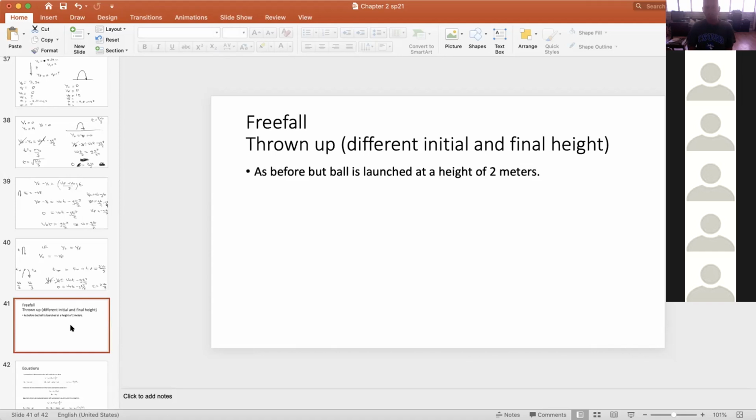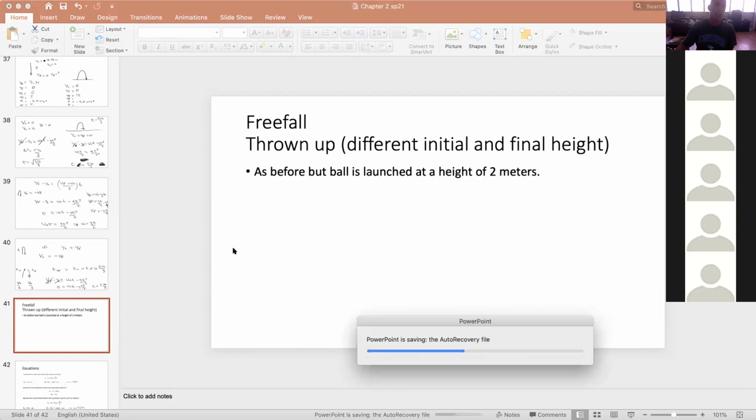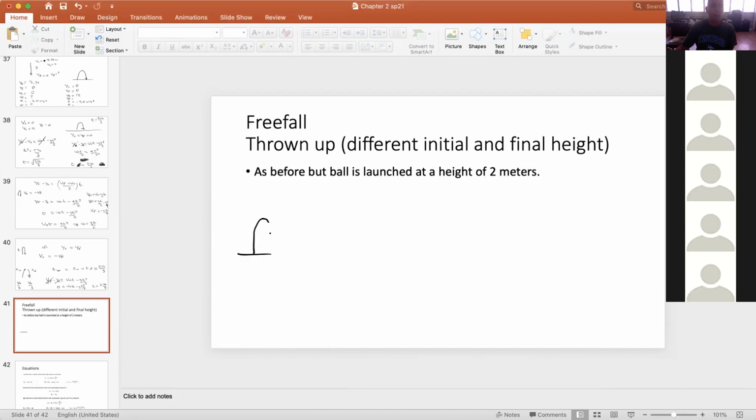So when you don't start and stop at the same spot, let's say you throw it up and it goes off a cliff, and we're assuming that it doesn't really significantly move in the x direction. That means that you get a y initial, y final, v naught, v final, a, t, but this equation now does not equal 0.